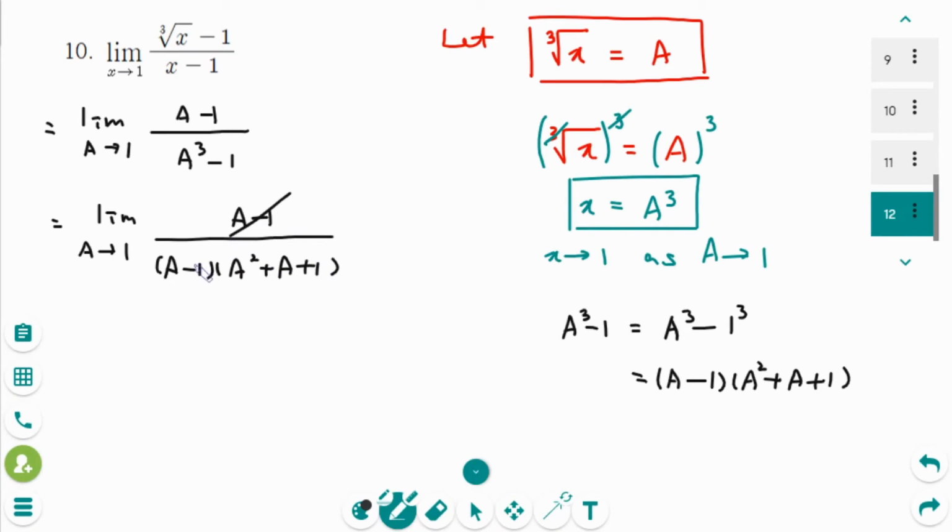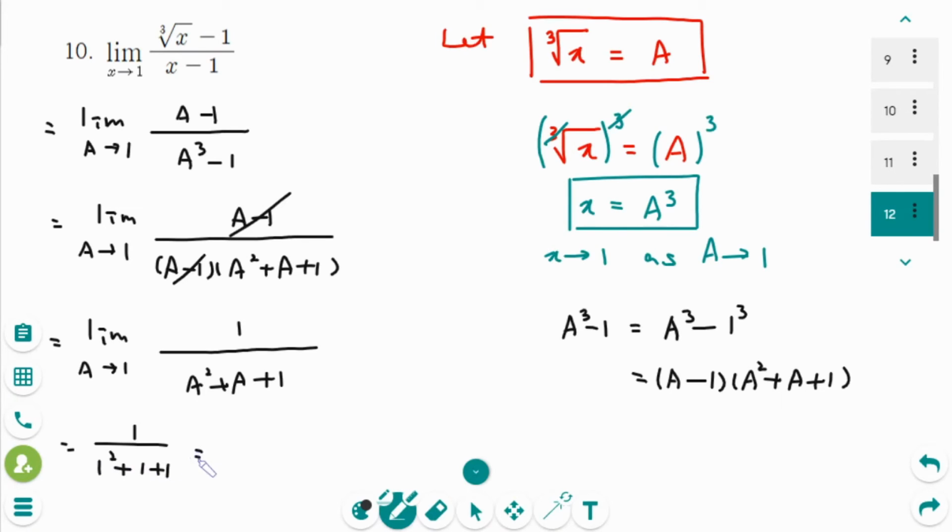Cancel the common factor. So 1 over a squared plus a plus 1. When we put 1 into a, we get 1 over 1 squared plus 1 plus 1. So 1 over 1 plus 1 plus 1, which is 1 over 3. So the answer is this one.